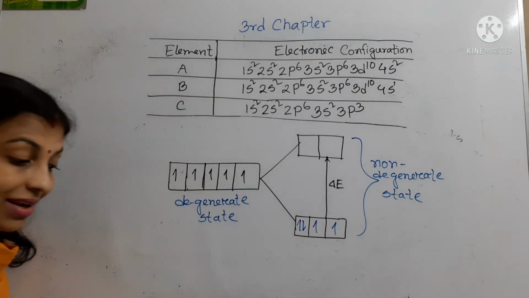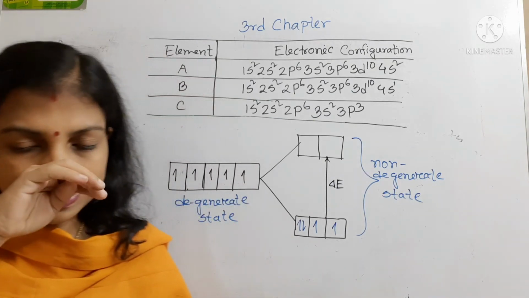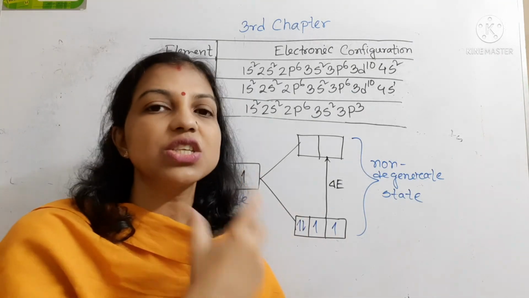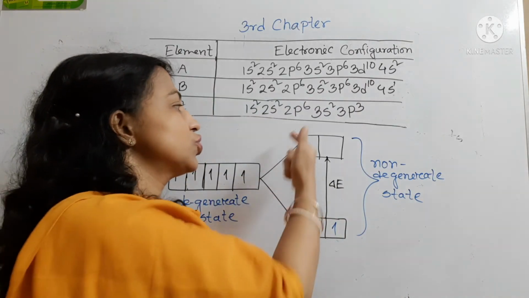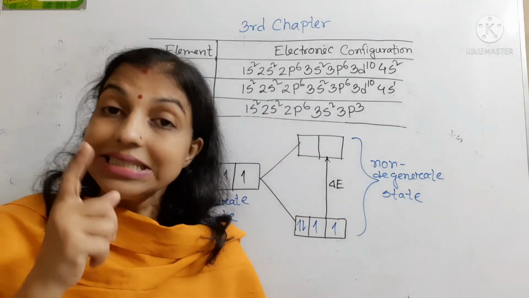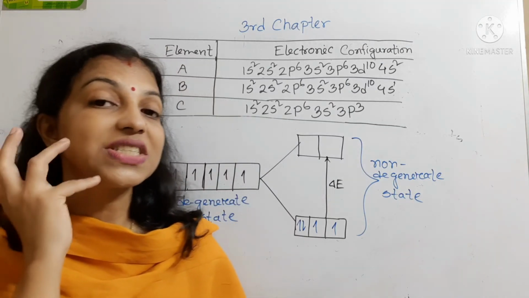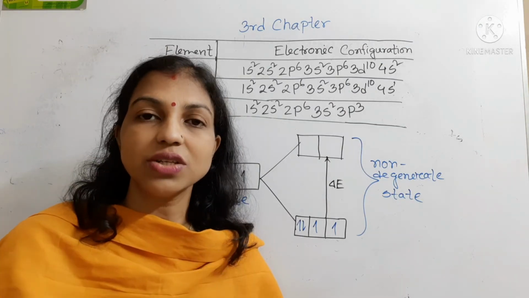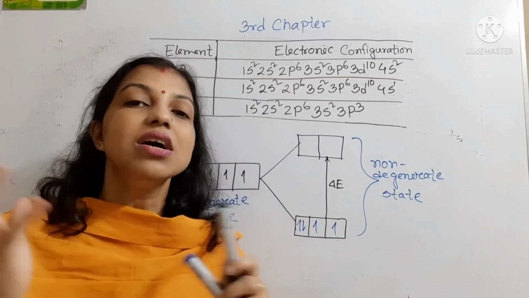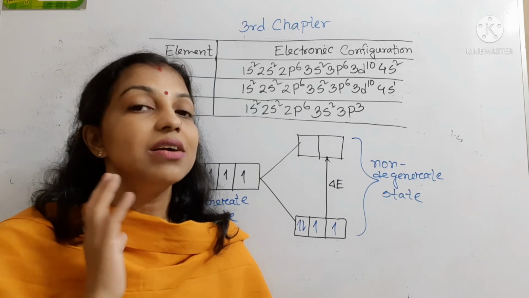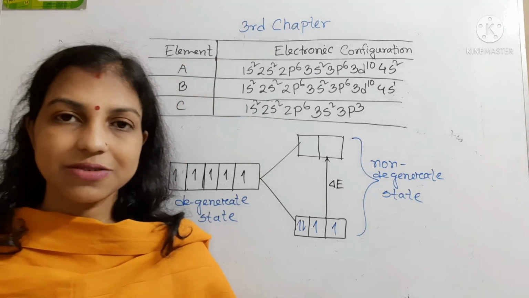Now, when this compound is in front of light, that means in the presence of light, these electrons absorb energy and go to the higher energy level. This time, the wavelength which is absorbed by the electrons, the complementary color will be seen by our naked eyes. This is the reason for forming colorful compounds by the transition element.